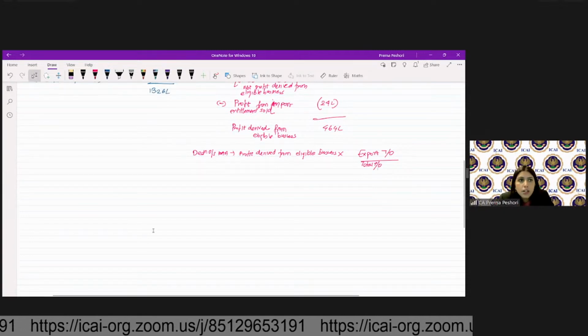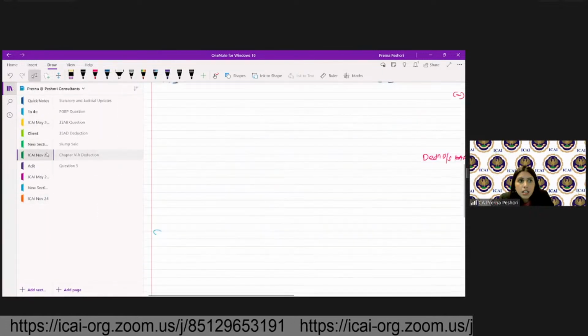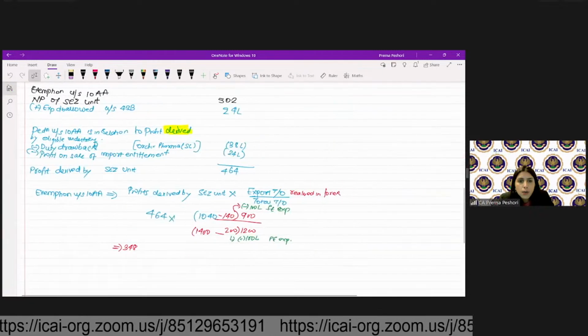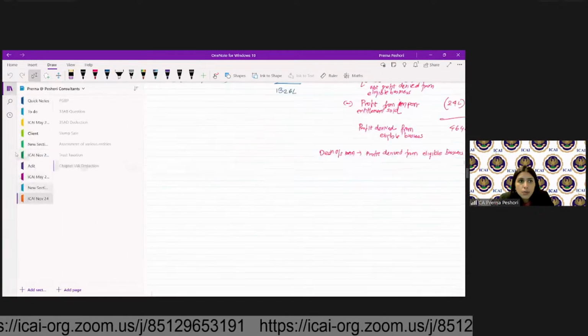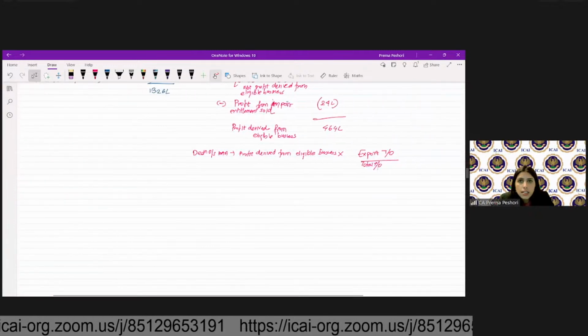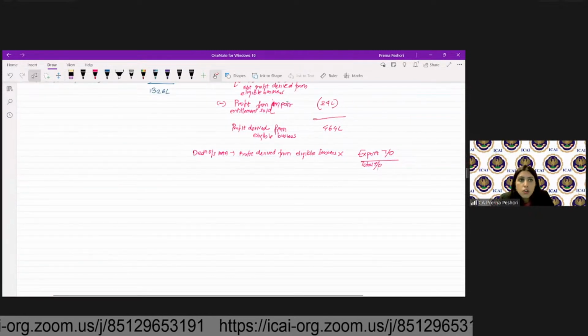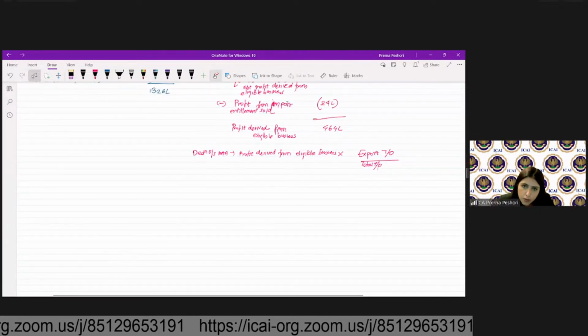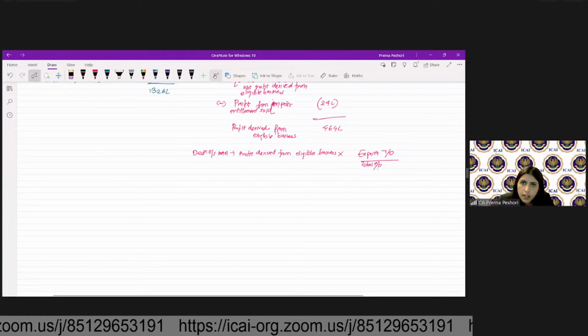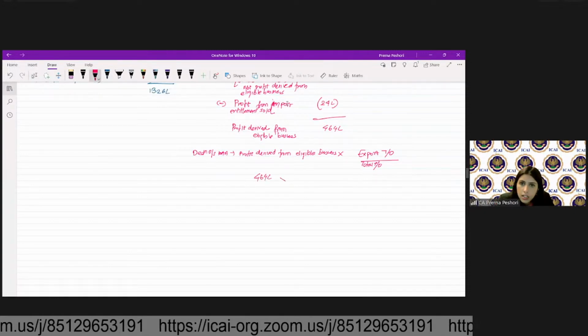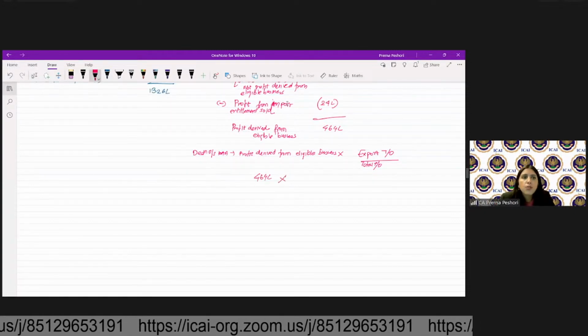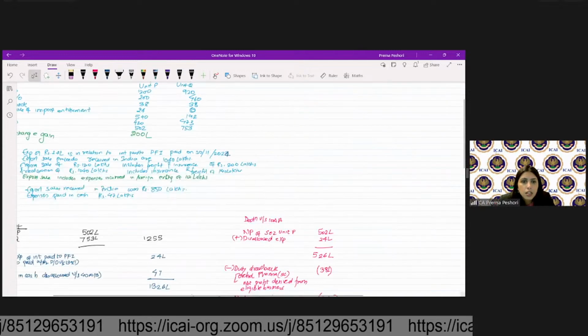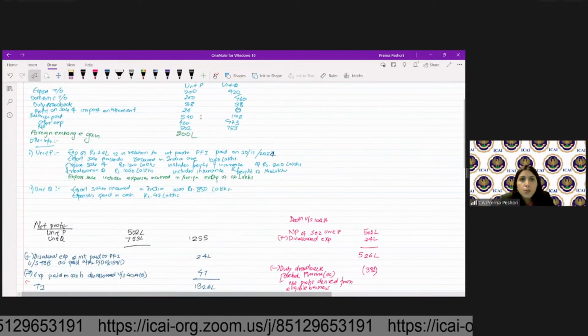So in that particular case, what will be my profit derived? It is 464 lakhs, isn't it? Into what is my export turnover?